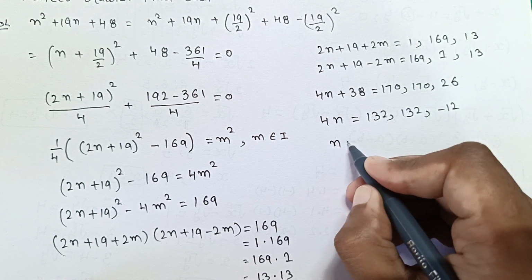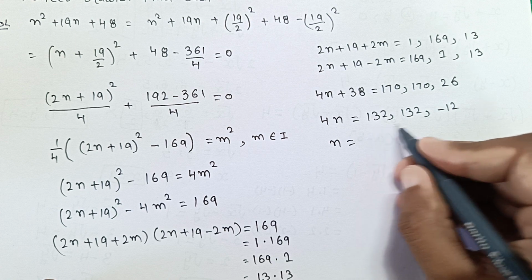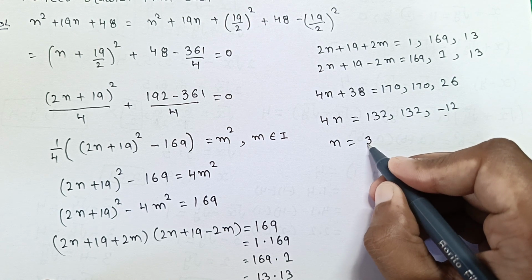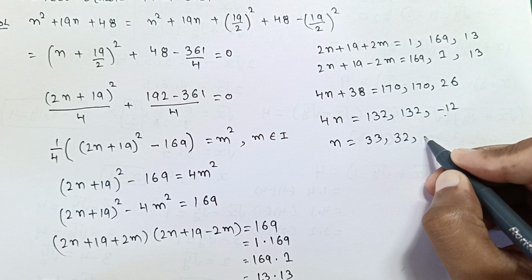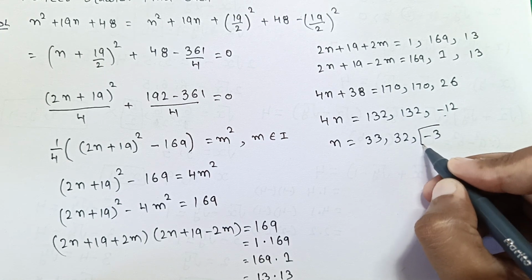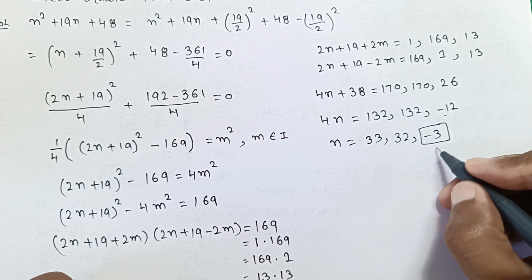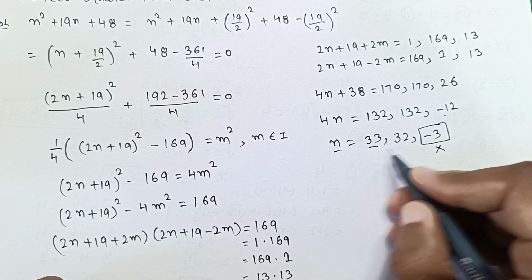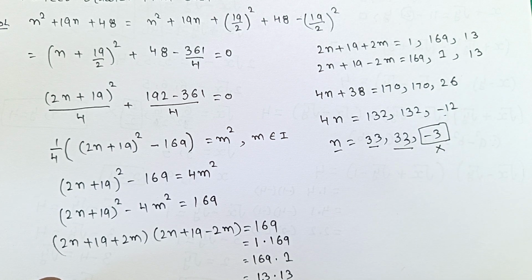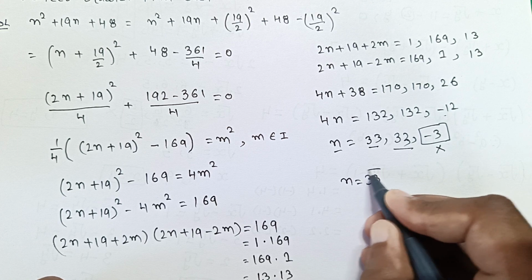Dividing by 4, we get n equal to 33, 33, and minus 3. Here we get a negative value, but we need a positive integer, so we reject it. So from this we can see that the value of n can be 33.